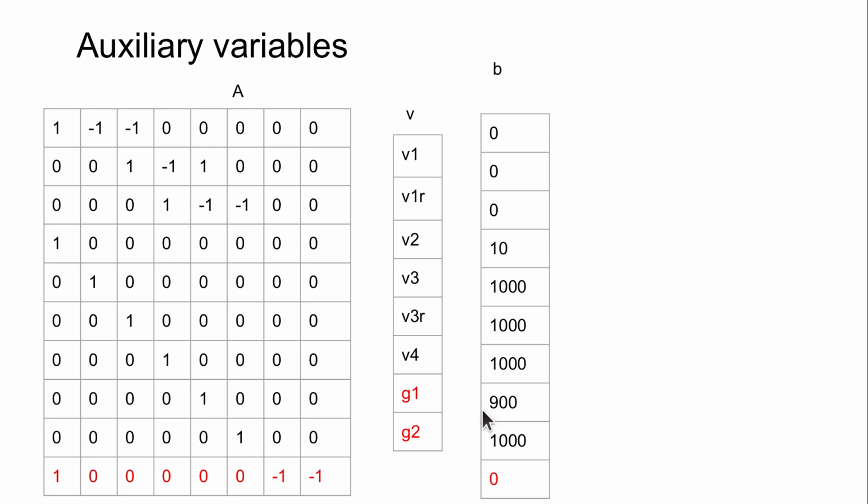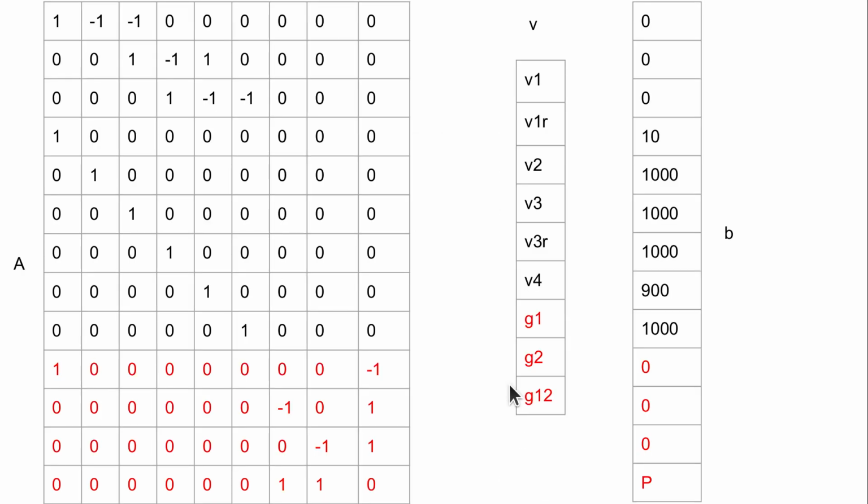How can we use this for enzymatic complexes? Well, imagine now that we have V1 instead catalyzed by the complex of G1 and G2. What we can do then is add a third auxiliary variable corresponding to that complex, which we'll call G12.